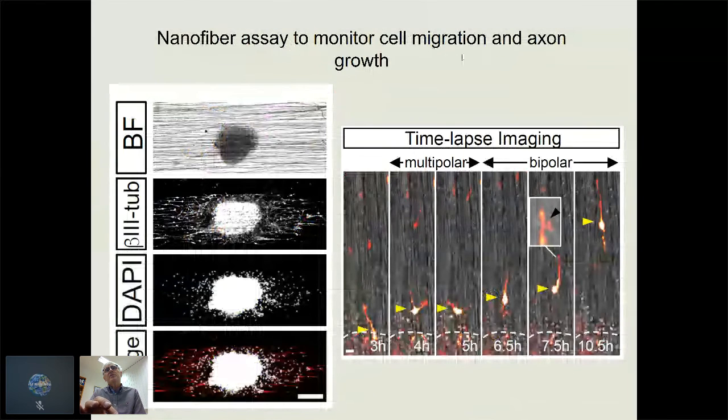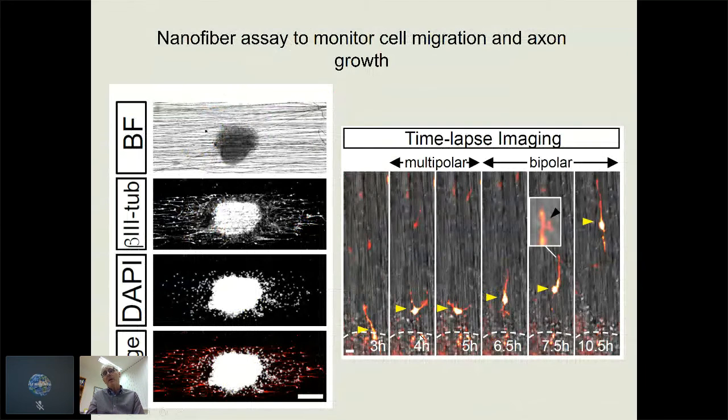So to study the mechanism of migration and axon growth, Dani made use of this nanofiber assay. He can buy these prefabricated nanofibers, and he can put a cortical explant on them. What happens is you can coat these nanofibers with your protein of choice, and the cells that migrate out of these explants actually like these fibers very much.